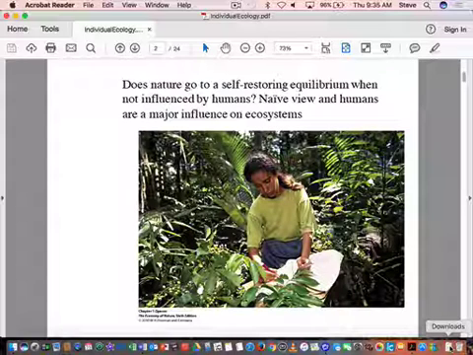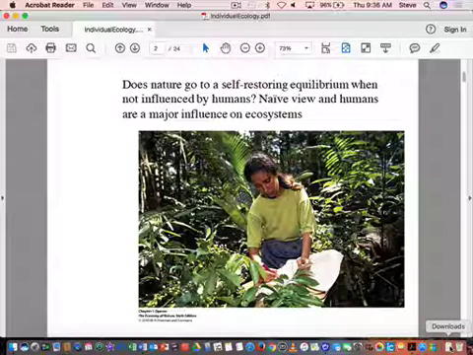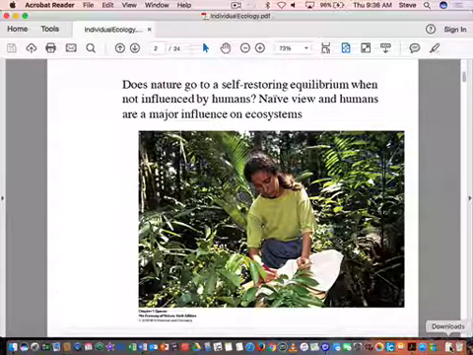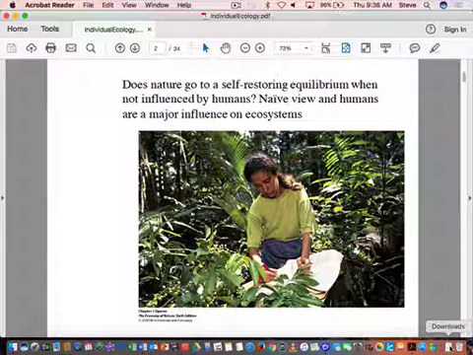I am not going to shy away from talking about how humans influence ecosystems, and how humans influence global patterns. We're going to be pretty straightforward that humans, in fact, do influence ecosystems quite a bit. We have a major influence on natural ecosystems, and there's also this sort of romanticized view about nature, that if humans have no influence on nature, it'll go back to a self-restoring equilibrium that is much better.